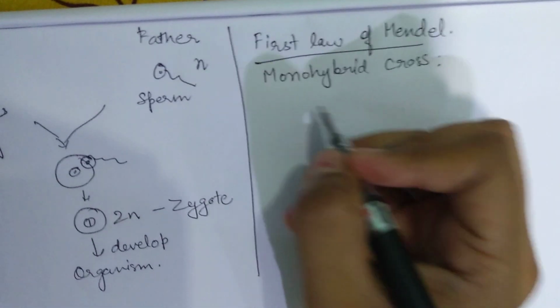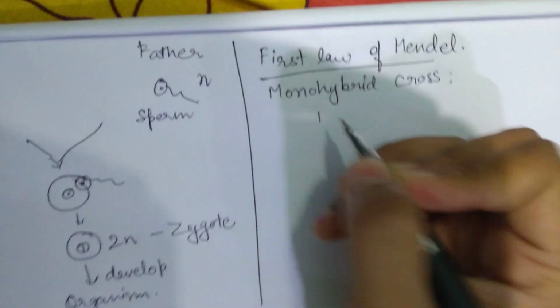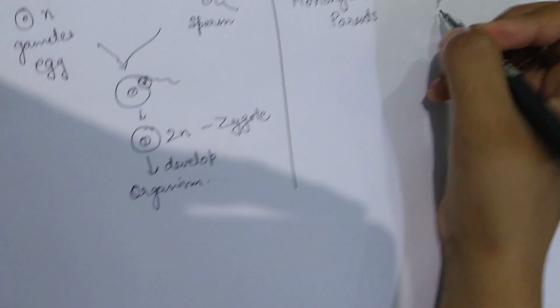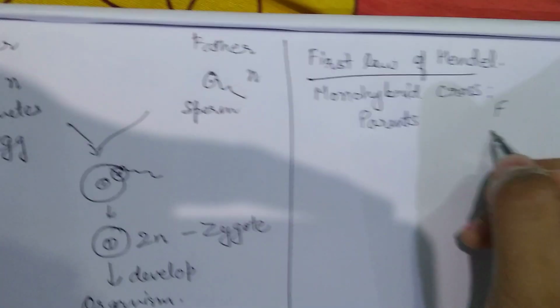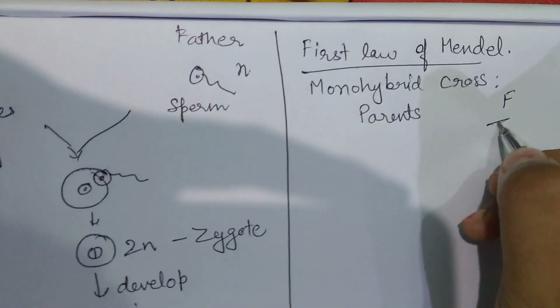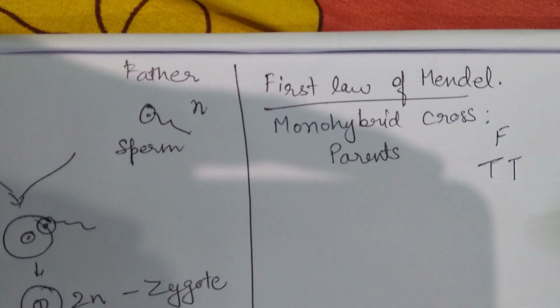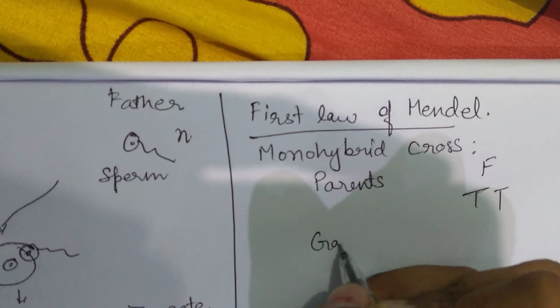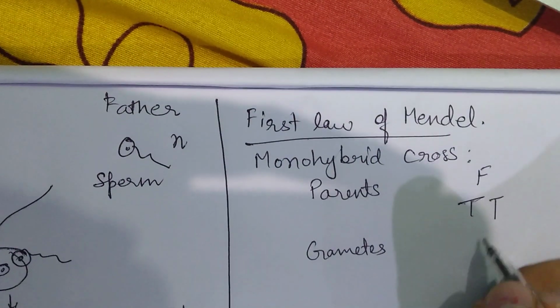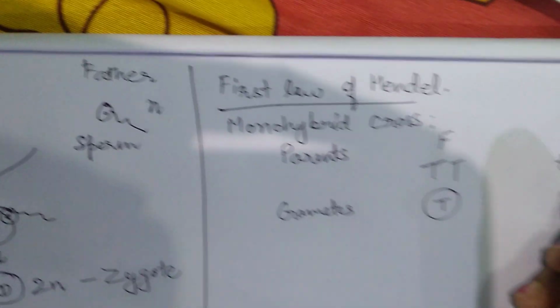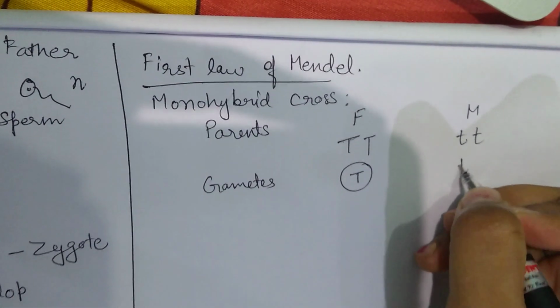When two pea plants are crossed, a female plant and a male plant having one single different character, like the female plant having tall height and the male plant having short height, they will produce gametes, and each gamete will have only a single chromosome coding for the height.